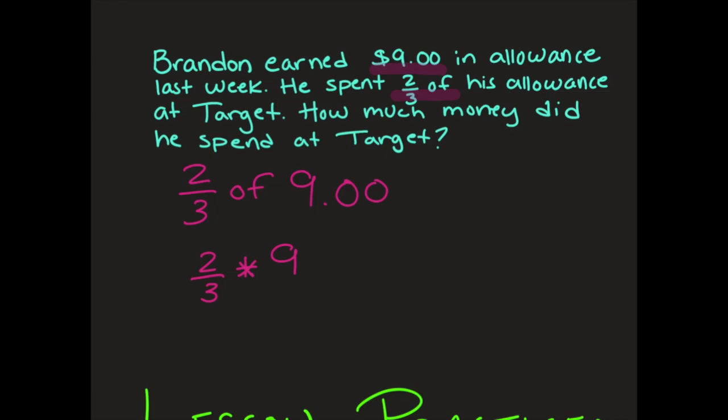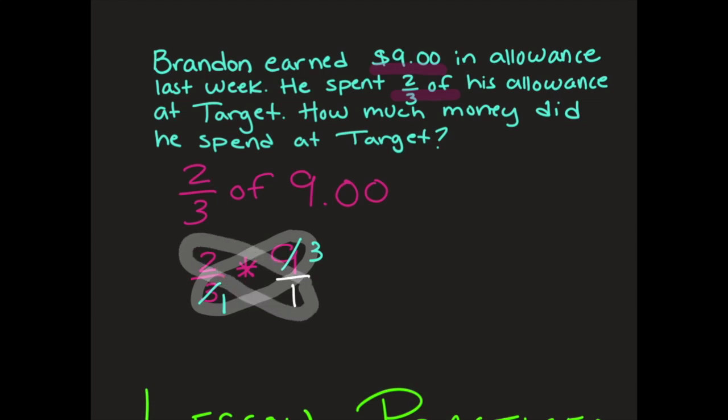Now, remember, whenever I have my whole number, I'm going to put that over 1. In a previous video, we talked about cross multiplying, cross simplifying. I can check that right here. 9 and 3, is there a way I can reduce that? And there is. I'm going to divide them both by 3. 3 divided by 3 is 1, and 9 divided by 3 is 3. Now if I do 2 and 1 right here, they do not work. I'm not able to simplify that.